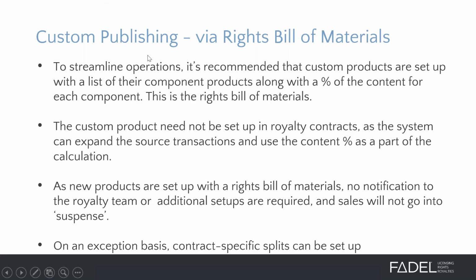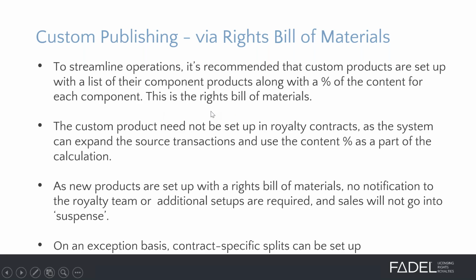An alternate way of doing it is to use essentially a rights bill of material, which is comparable to the physical bill, in that you have a product with a list of component products. But what you're keeping with that is not necessarily a manufacturing process where you have instructions on how to construct it. You actually keep track of the percent of content for each of the components.